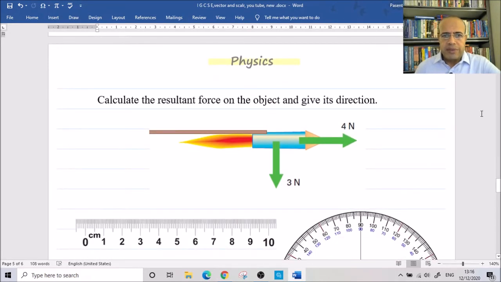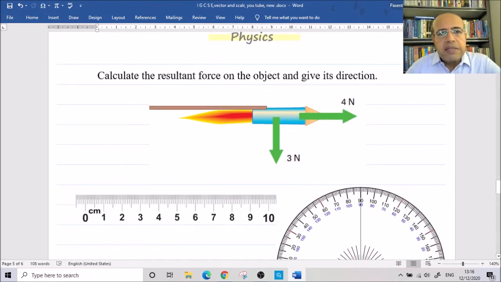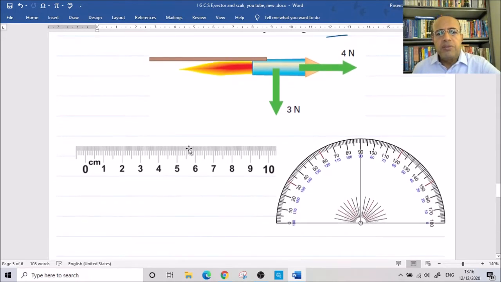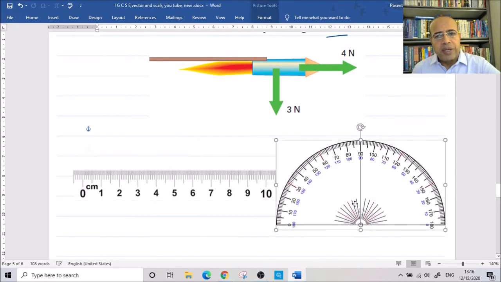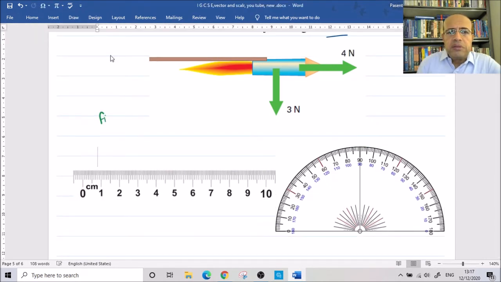Look at this example. Calculate the resultant force on the object and give its direction. This is a rocket that moves to the right with 4 Newton, and we have a force acting on the rocket down, 3 Newton. We need to get the resultant and its direction. We need a ruler and a protractor. First, we say what the scale is.